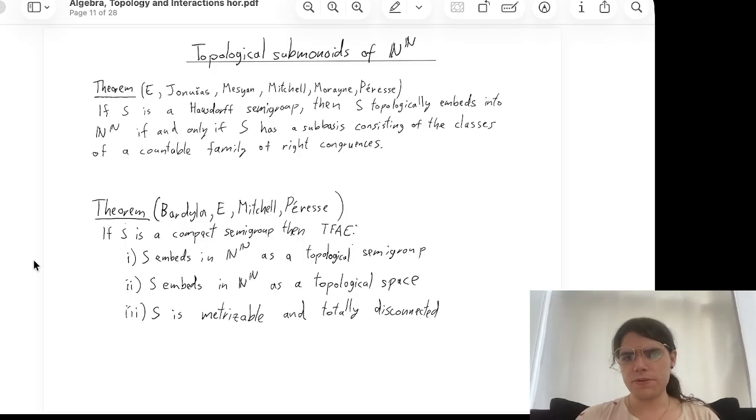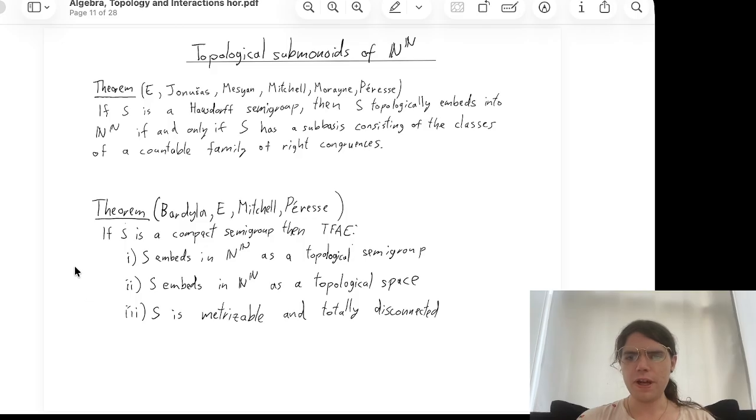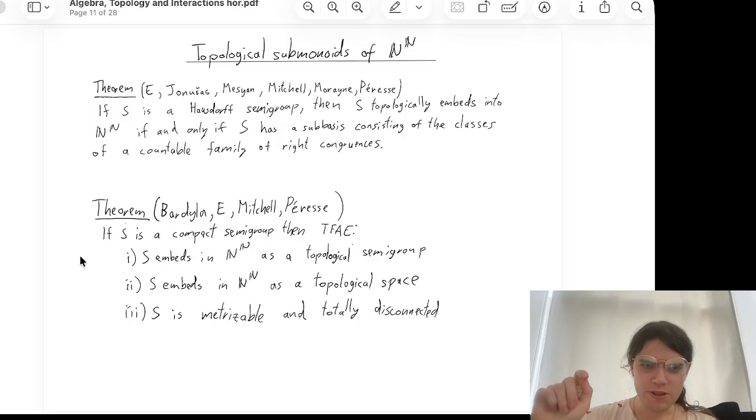And there's a more recent result by Bardyla, Mitchell, and Perez, which says that if you assume your semigroup is compact, then we actually have a very strong connection between topology and algebra, which says that embedding as a topological semigroup into N^N is the same as embedding as a topological space.